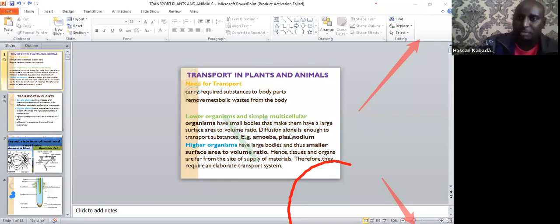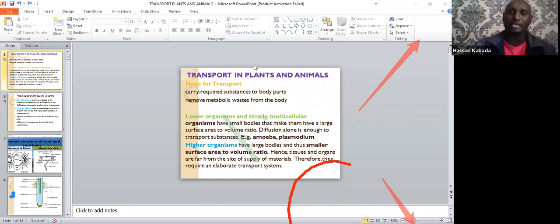For example, you have amoeba and plasmodium. These ones use this simple transport system known as simple diffusion, because these organisms are mainly made up of a single cell. So whenever they want to take in nutrients or to move nutrients within the body, it is simply through simple diffusion.